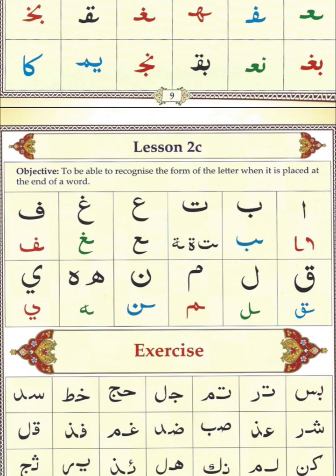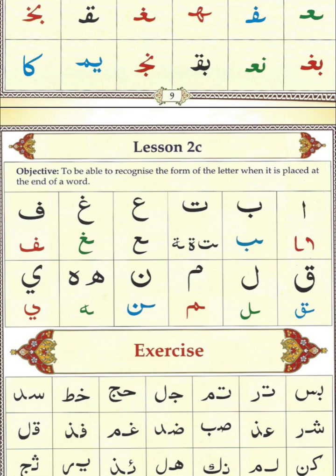The objective of lesson 2c is to be able to recognize the form of the letter when it is placed at the end of a word. So if alif comes at the end of a word, alif will look like this. If ba comes at the end of the word, ba will look like that. If ta comes at the end of the word, then ta can have three different shapes. So try to remember this.